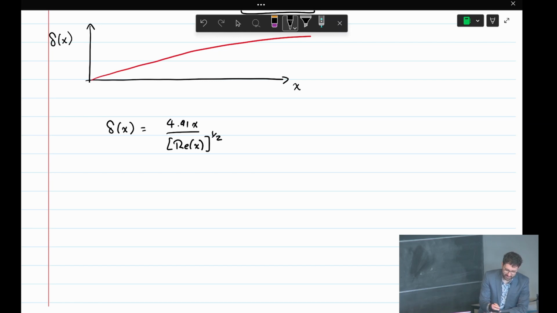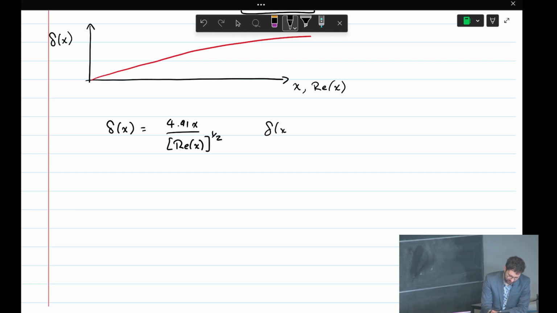So if you look at this, you say, well, as the Reynolds number goes up along this plate, in the x direction, you can think of this as Re x. So as you go along the x direction for fixed free stream properties, your Reynolds number will increase. So you say, doesn't that mean delta x decreases?